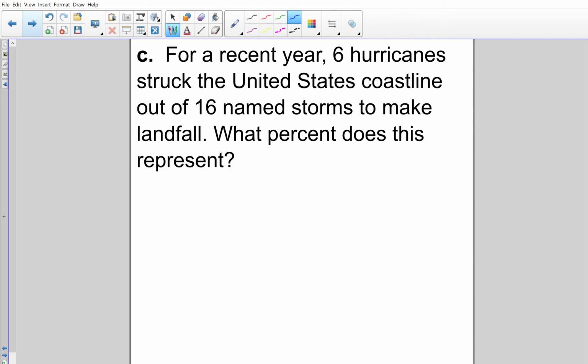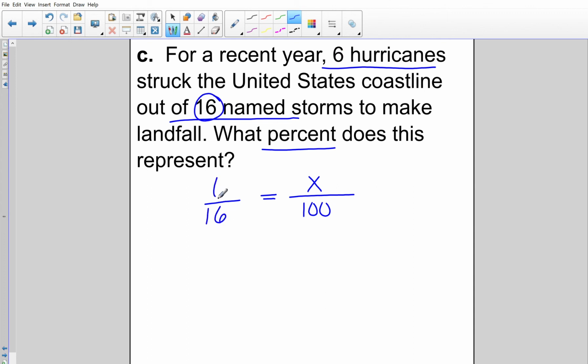Okay, so for a recent year, 6 hurricanes struck the United States coastline out of 16 named storms to make landfall. What percent? So we don't know the percent, so we're going to set that as x over 100. Our total amount of storms are 16, and we had 6 hit us.